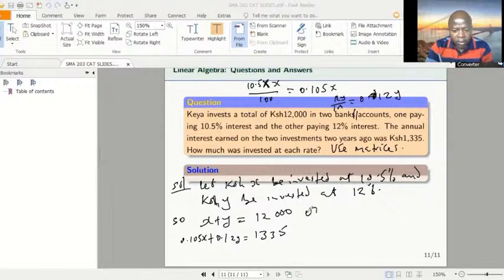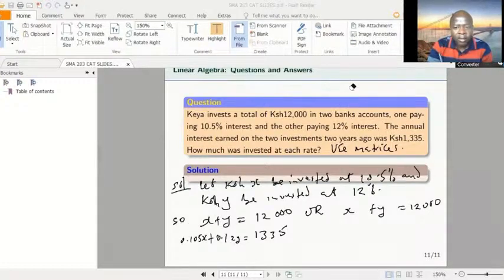Now, we want to reduce this to echelon form. The first equation remains the way it is, and multiply the first equation by 0.105 and subtract the result from the second equation. Let me just create some space here for our working. This by 0.105 from this, which is 0.